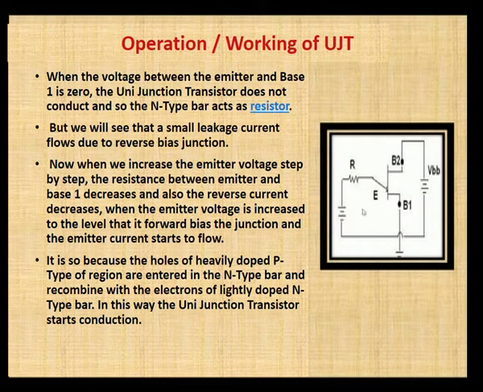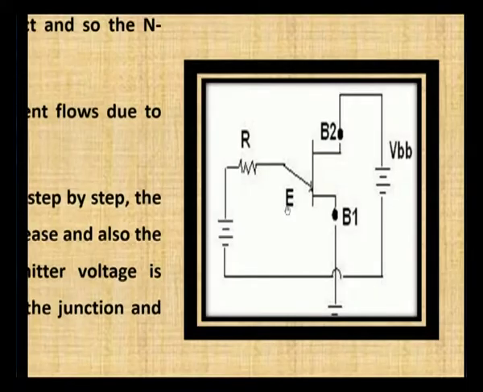That is why we observe this kind of forward bias only between the E and B1 terminals. We know that P is heavily doped and N is lightly doped. The electrons are moving from the N region to P, so the current is flowing from the E terminal to B1. That is why we can expect the forward bias mode when E and B1 is shorted.